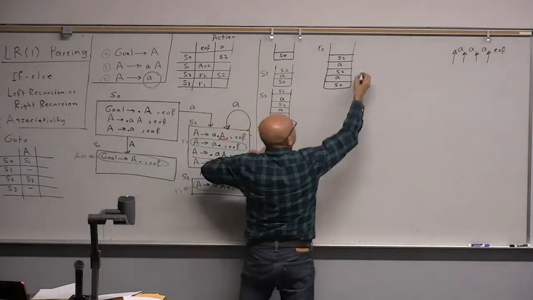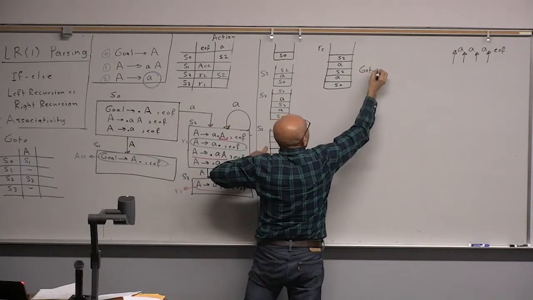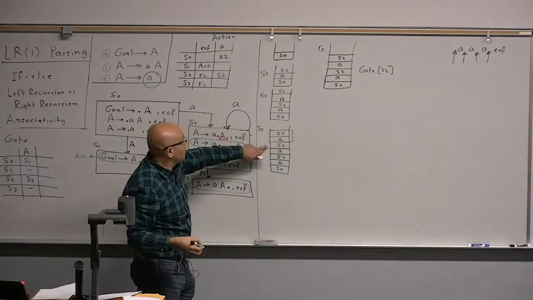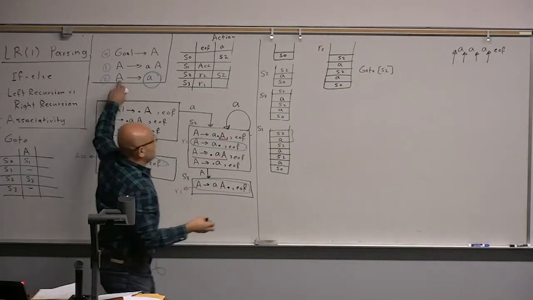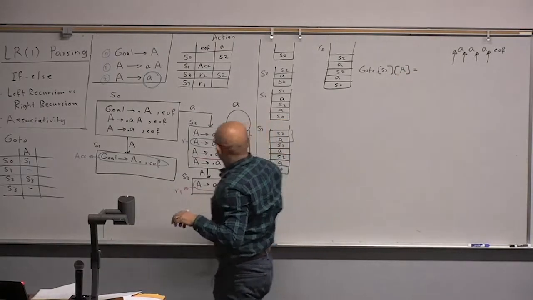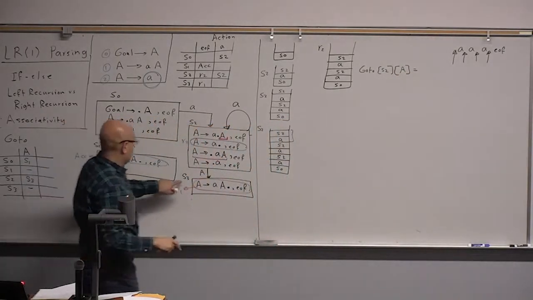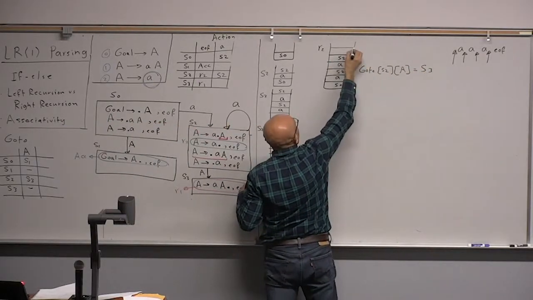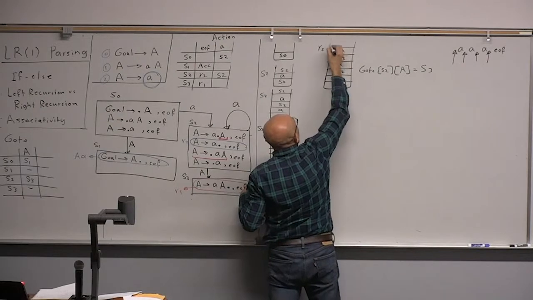So we need goto of S2, which is our base state after popping off, and the symbol that we get, which is an A. This is an S3. So this means that we go to S3.